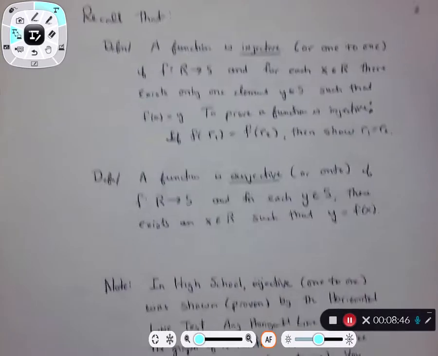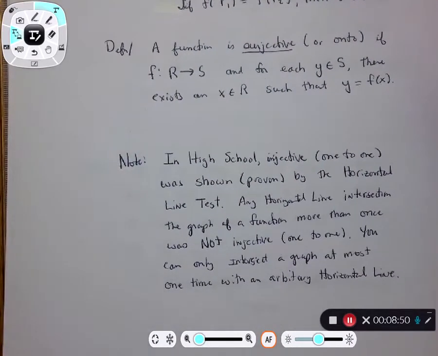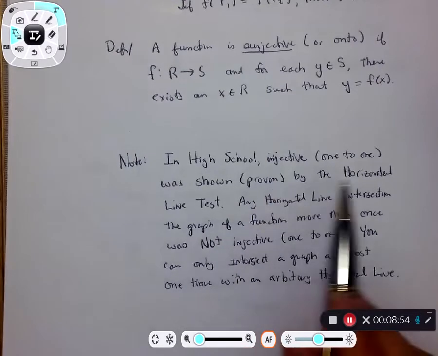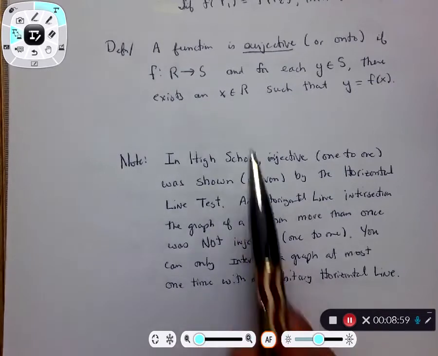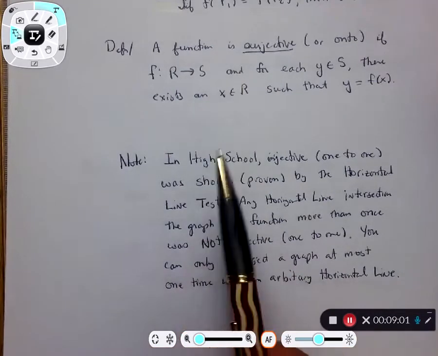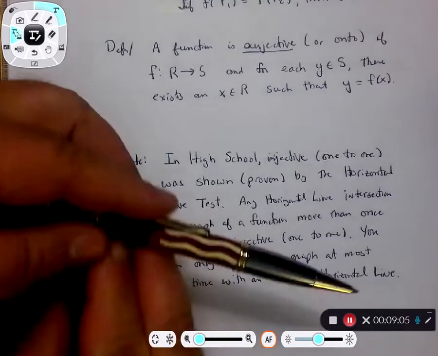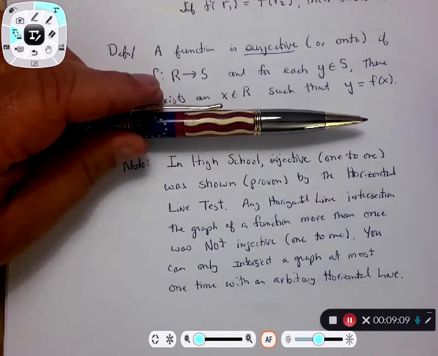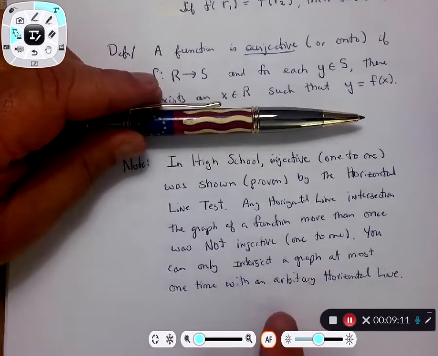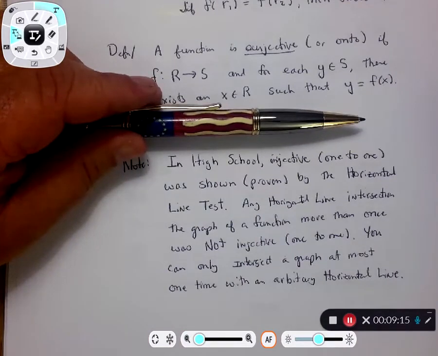So in high school, injective, which we didn't call it that, we called it one-to-one, was shown or proven by what we call the horizontal line test. Now remember, the vertical line test goes up and down. So the vertical line test shows you have a function. A horizontal line test, running from left to right: when you have a horizontal line and it intersects your graph at more than one spot, it's not one-to-one.